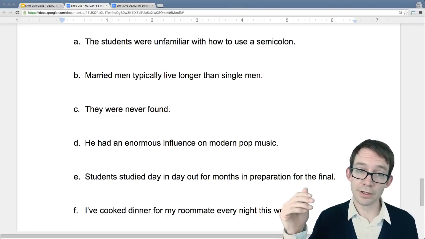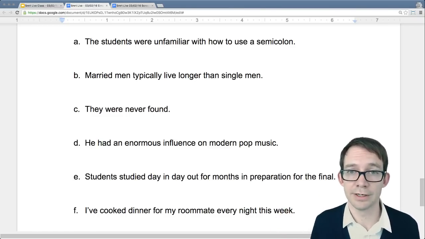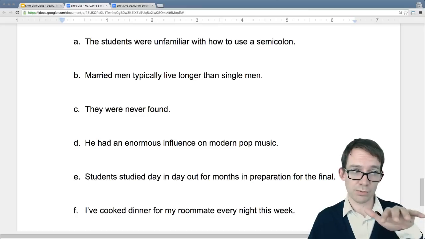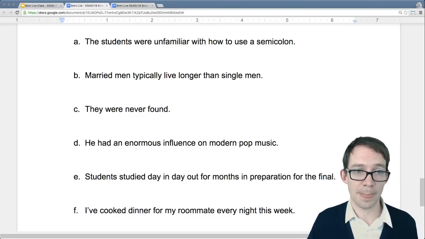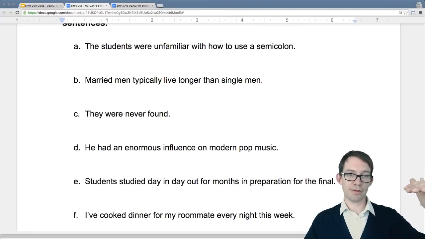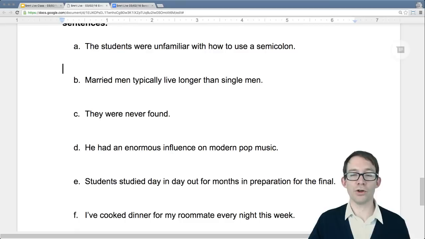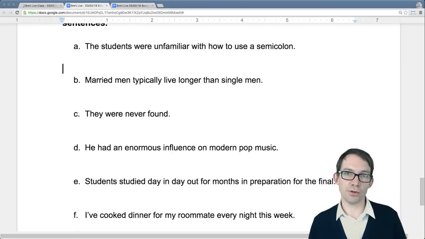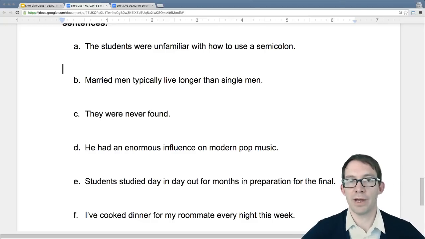And if you want to check your answers, you can always come back next week and throw some of these in the chat. So let me explain what this exercise is before we run away for the day. In each one, I've given you a simple sentence. All you have to do is think of your own independent clause and add it to this sentence to make a compound sentence.